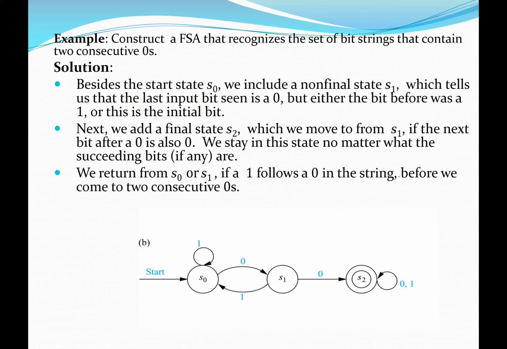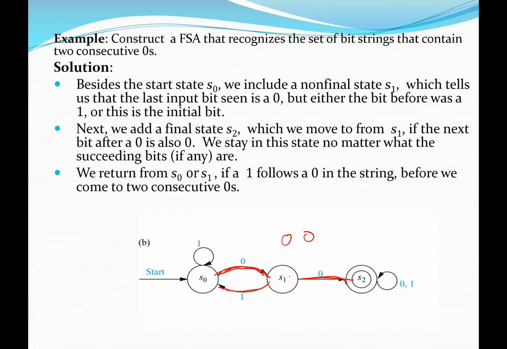So you can see here that we kind of think of all the possibilities. There is a possibility that I'm going to go here, and then go there. This is 2 consecutive 0s. But you can go from S0 to S1, and then if you hit the 1, you're going to go back again until you hit another 0.